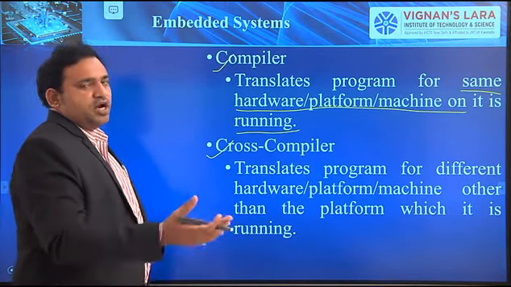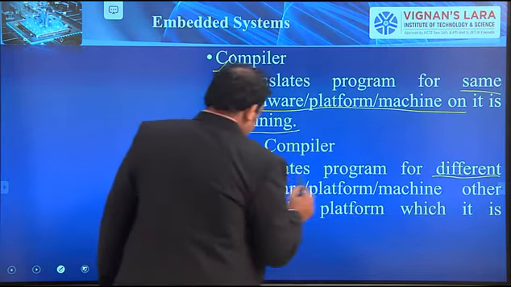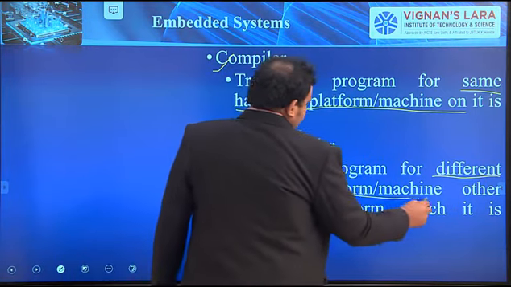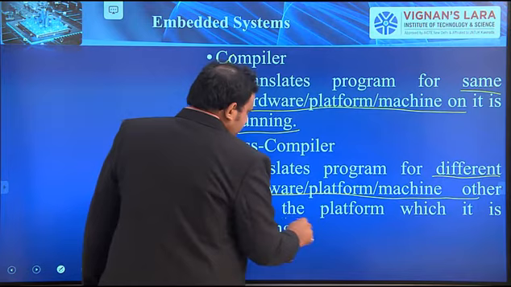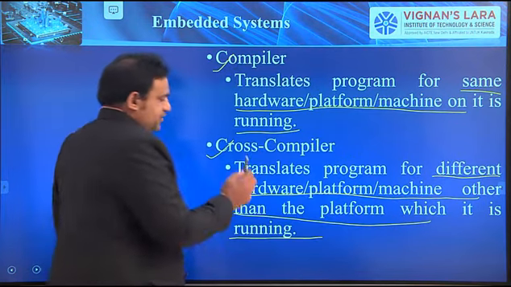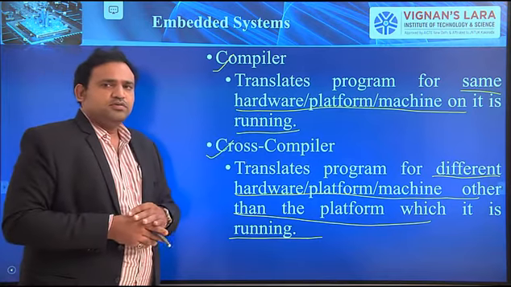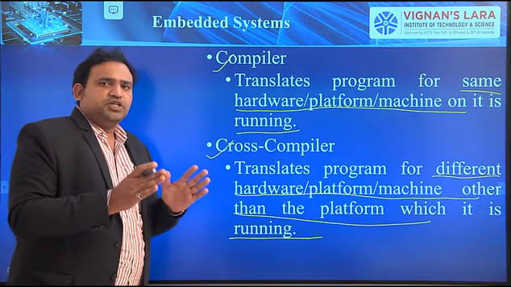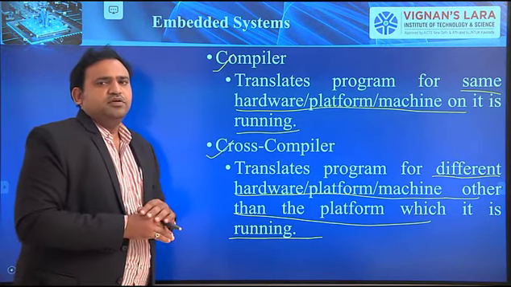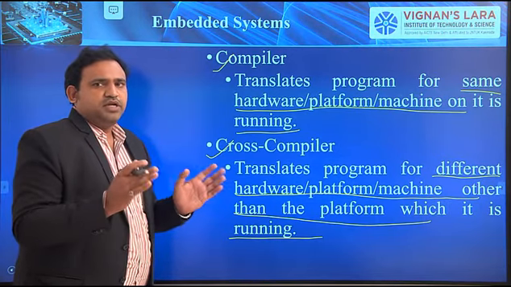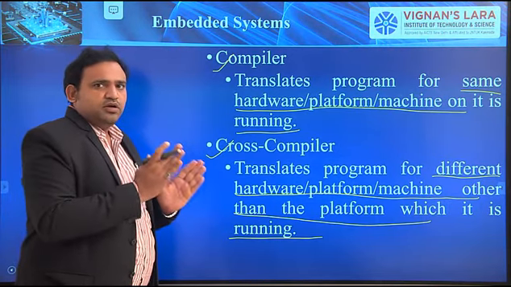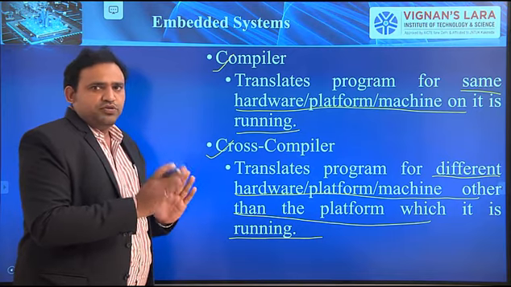Next, a cross compiler translates a program for different hardware or platform or machine other than the platform on which it is running. For example, take the hardware 8051. We write the code in one specific software tool.